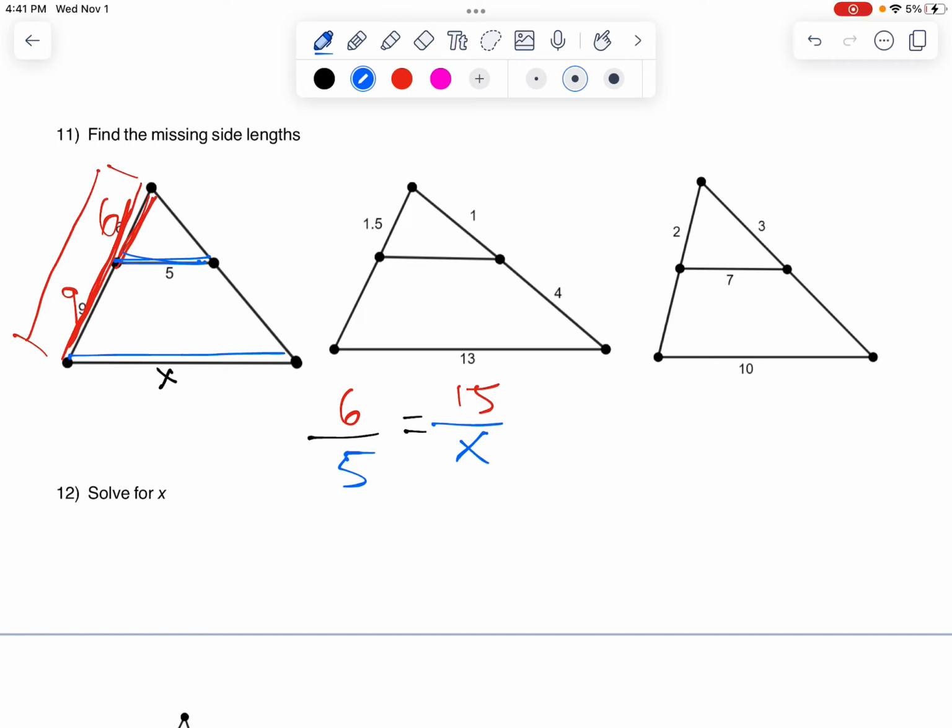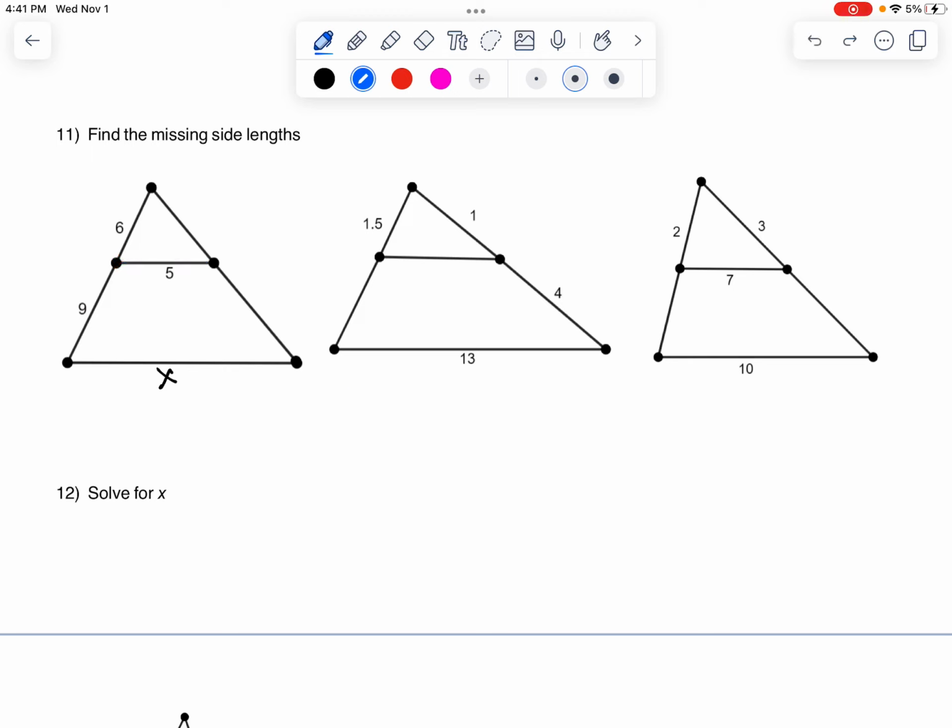So this one is a question people make a mistake on all the time. Let me show you where people make a mistake on this one. The mistake you might be tempted to make is this. You might be tempted to say, okay, 6 over 5, 9 over x, and start cross multiplying, but that's not going to work out because let's look at these triangles here.